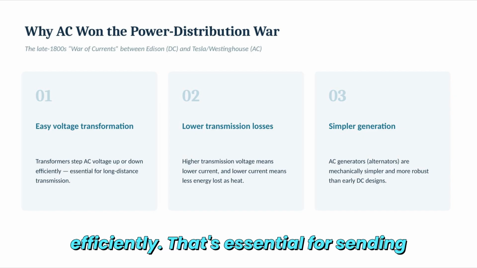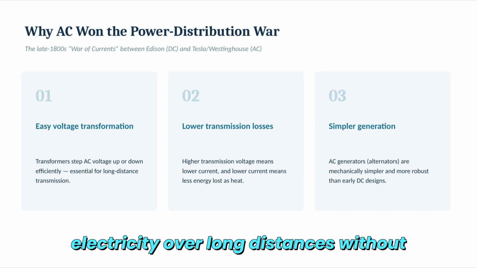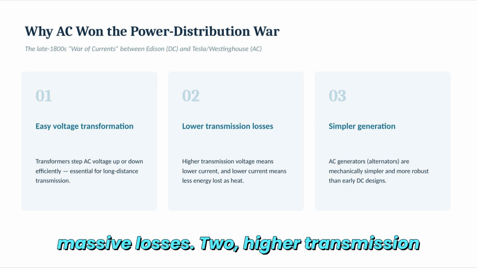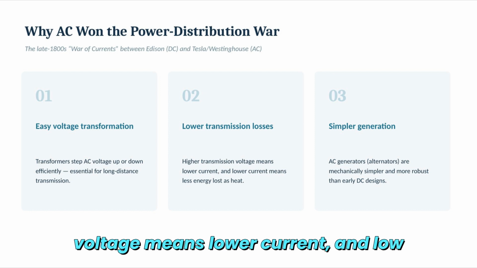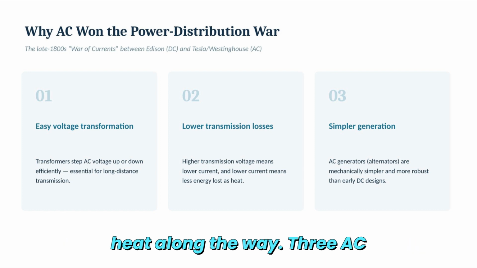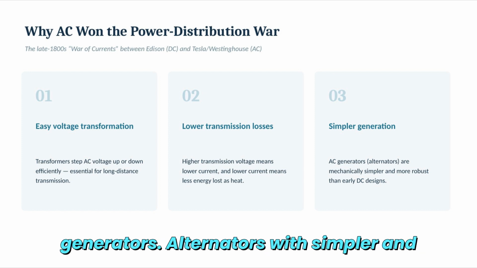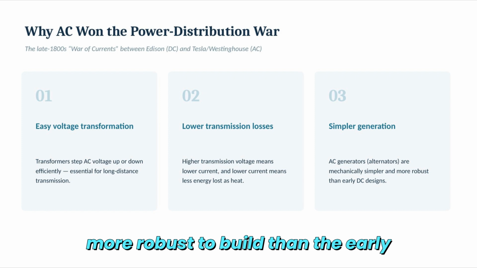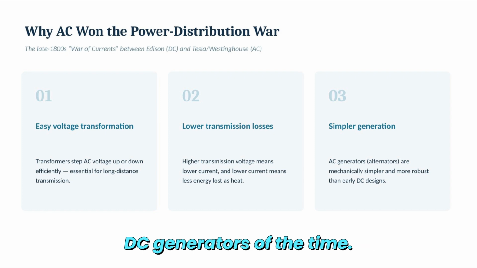That's essential for sending electricity over long distances without massive losses. 2. Higher transmission voltage means lower current, and lower current means far less energy wasted as heat along the way. 3. AC generators, alternators, were simpler and more robust to build than the early DC generators of the time.